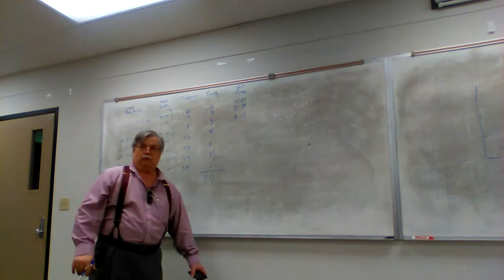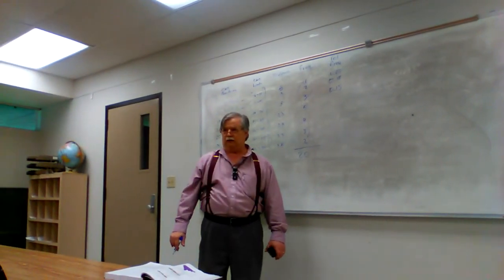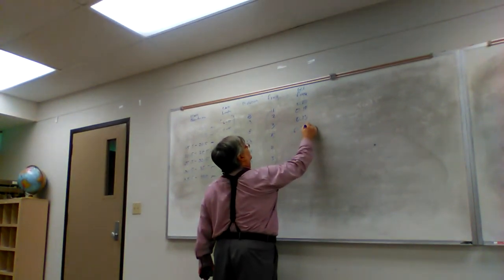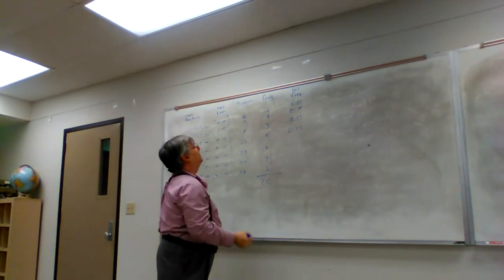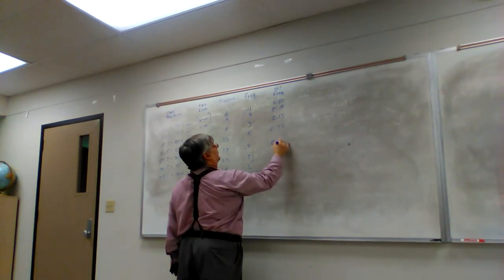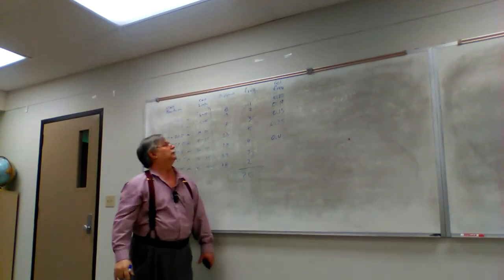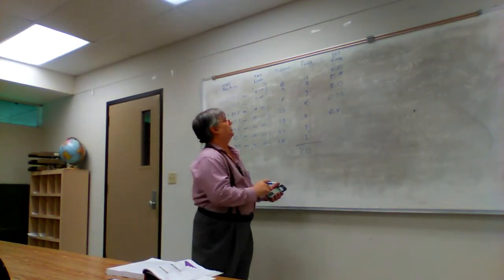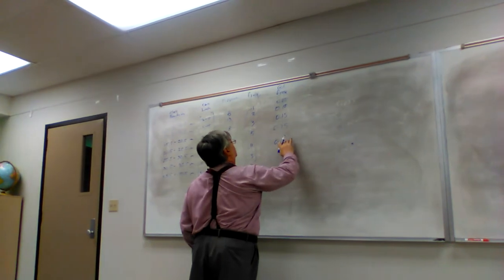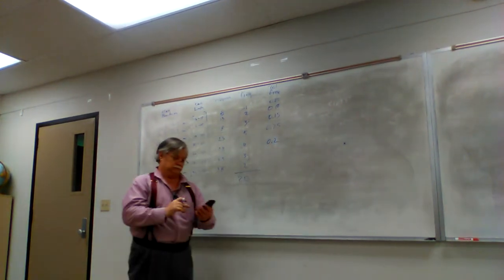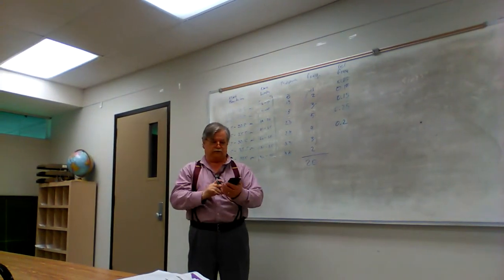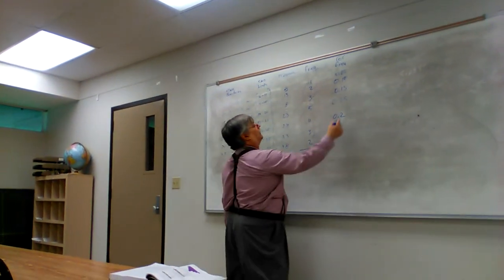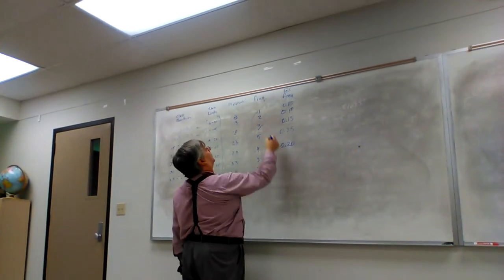Now, someone want to take a crack at 5 out of 20? 0.25. 4 out of 20 would be 0.4. What's 4 divided by 20? Yeah, not 0.4. 0.2. See, I told you don't trust me to do arithmetic in my head. 4 divided by 20 is 0.2. 3, we already did.